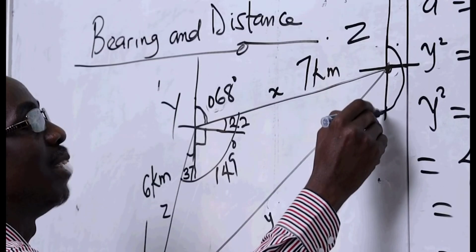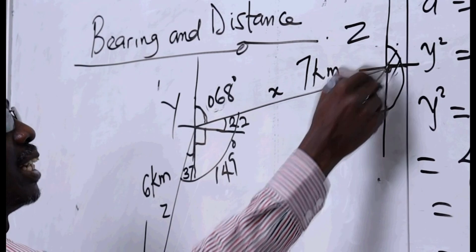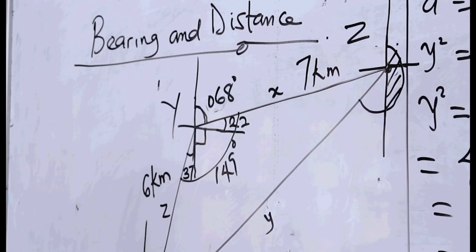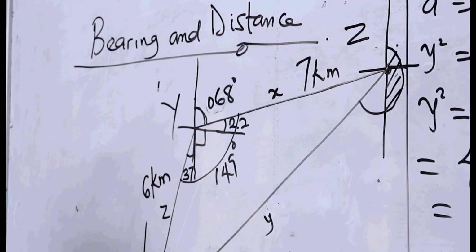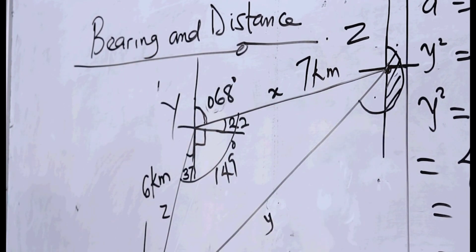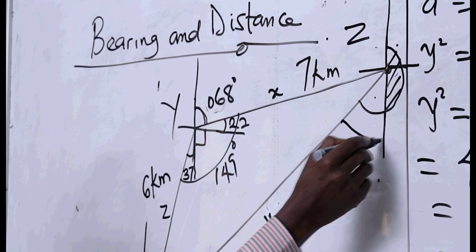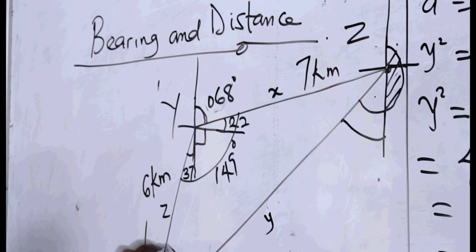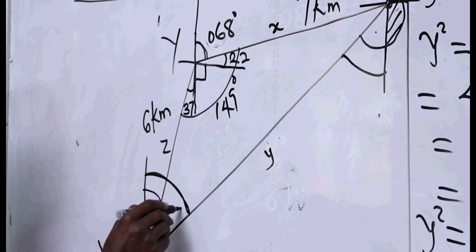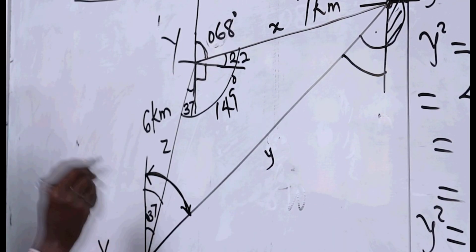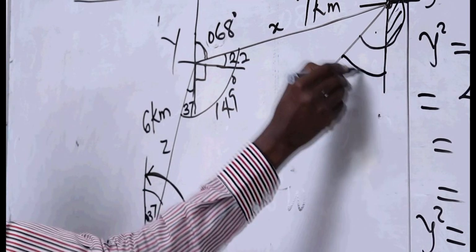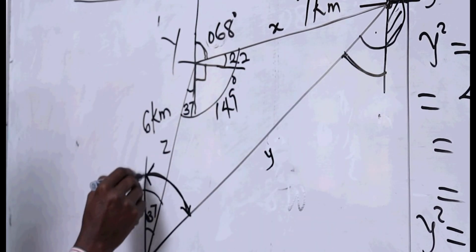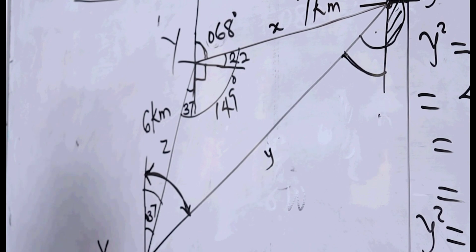If you see my movement, I can see this shaded part is 180. Yes or no? Yes, sir. The remaining angle A is what I'm interested in. And I can be very sure that this angle is alternate to this one. Right or wrong? Right. The angle A is also equal to this angle A because they are alternate angles.